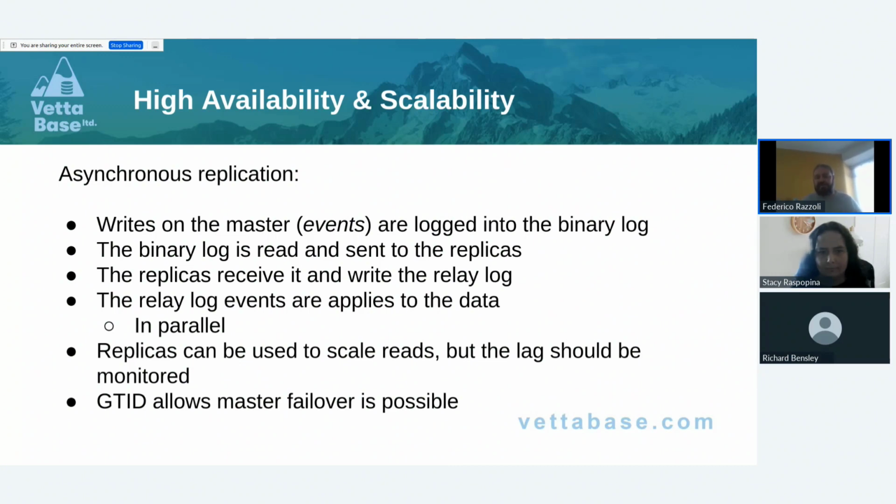But in practice, it's the binary log they received from the master. The relay log events are read and applied to the local data. This happens in parallel, well, if you configure it to happen in parallel. Historically, MariaDB replication was mono-thread, but fortunately, years ago, MariaDB implemented parallel replication.